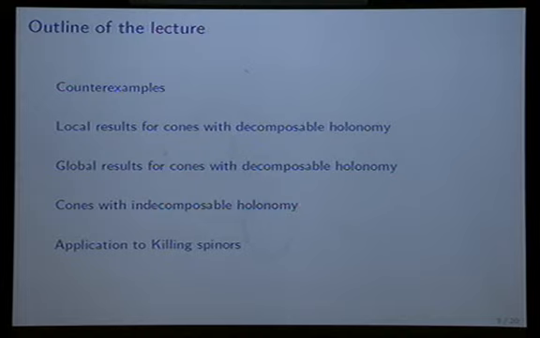And so here we will obtain some local classification of Riemannian manifolds admitting Killing spinors, so we do not assume completeness. Using our results we can obtain a classification also for incomplete Riemannian manifolds.